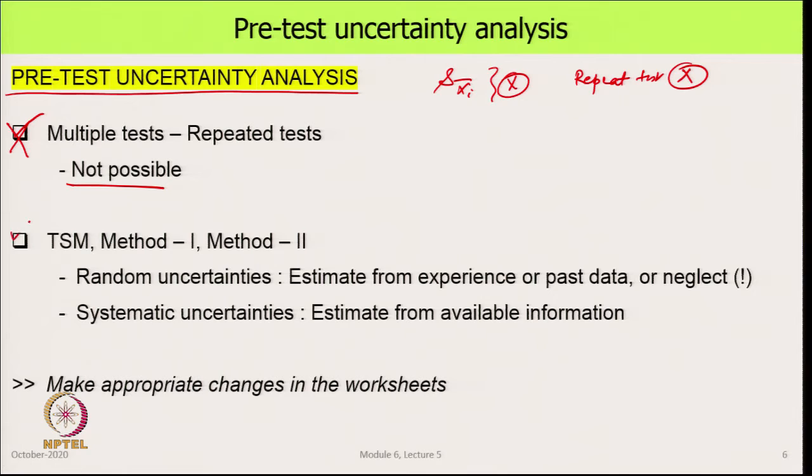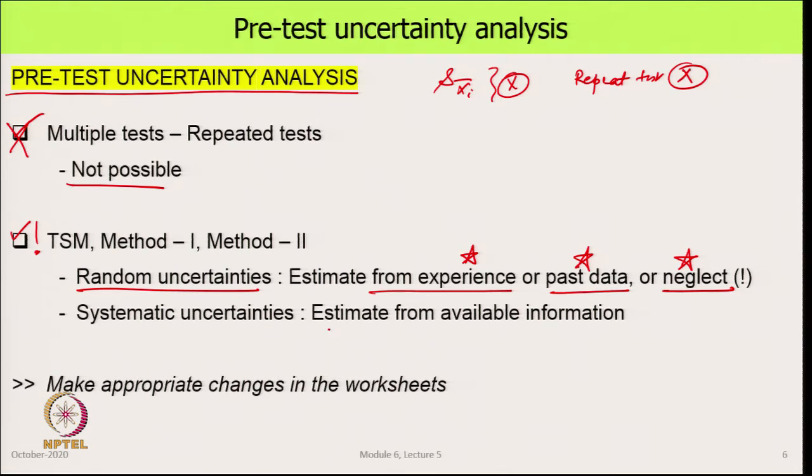We could use this with caution, the caution being that random uncertainties need to be estimated from experience or past data or neglected. So, you have either this option or this option or this option. And then we can proceed exactly the same way as we have done.